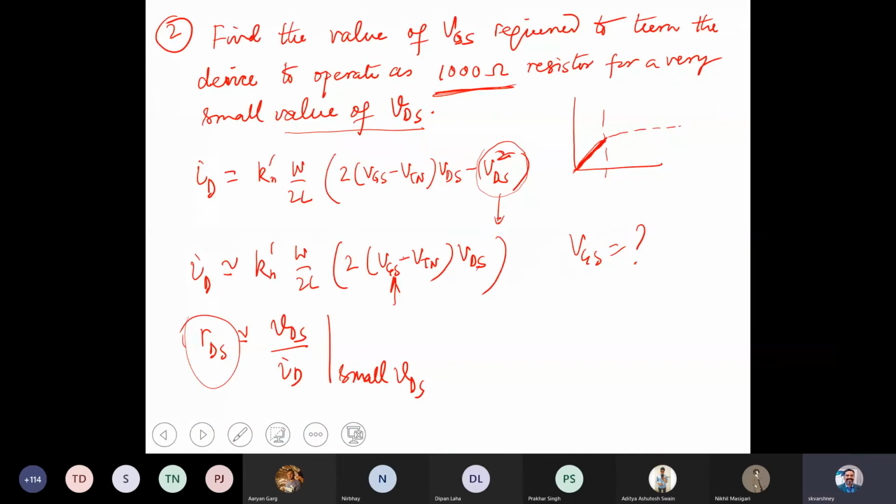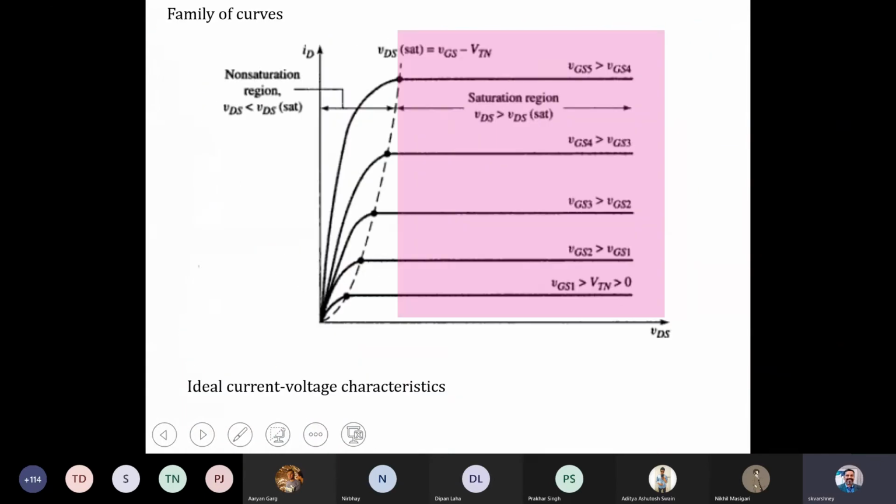Okay, so I think this problem you might have done. So if we draw a load line, let's say for example, load line means simply what you're going to find out. We can write down the load line, let's say, if you draw a line on this.